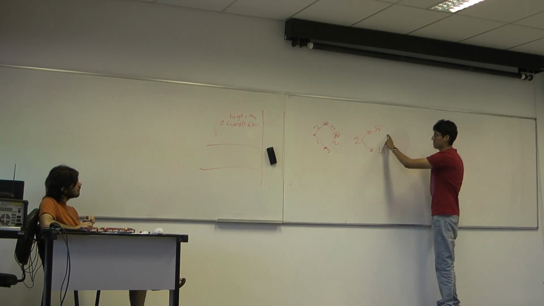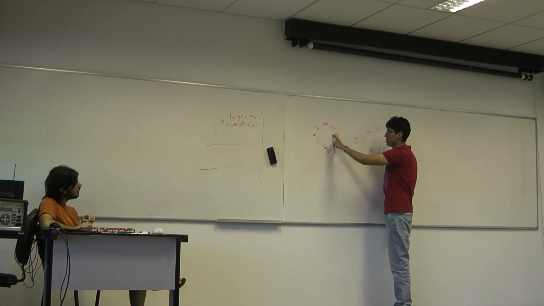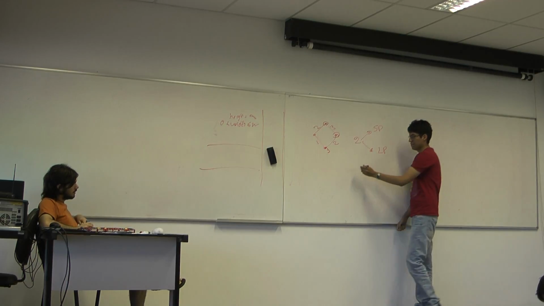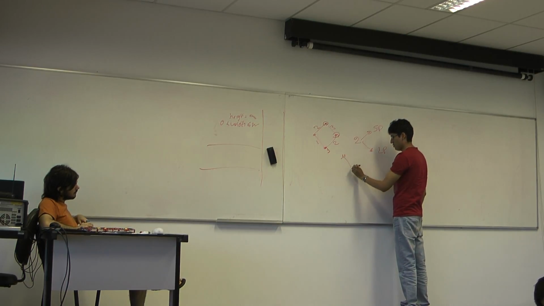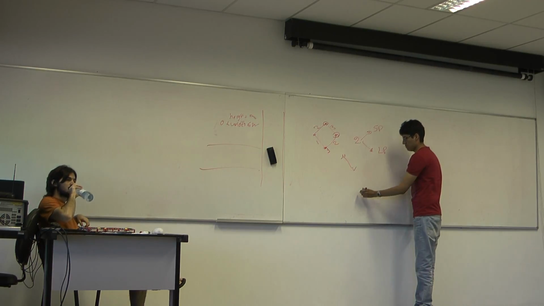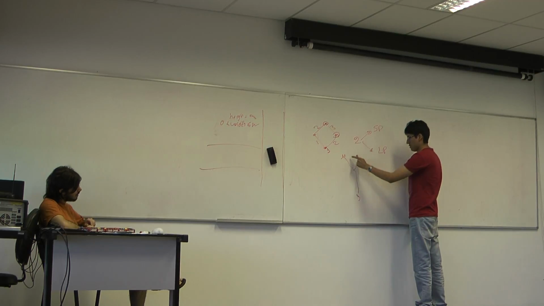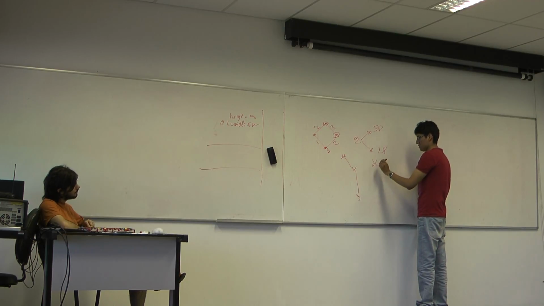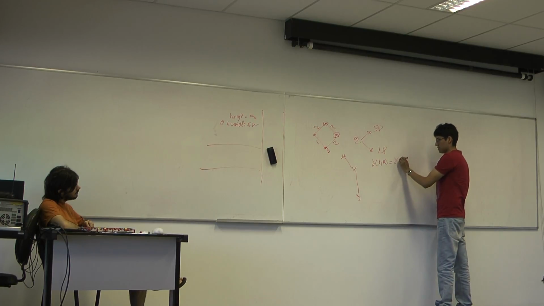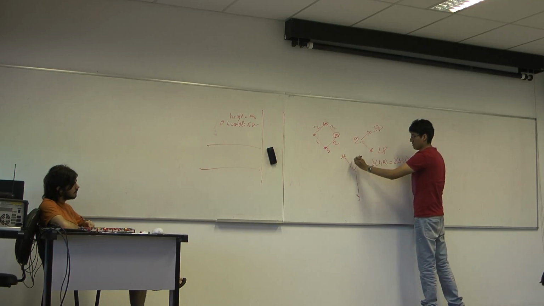Okay, so this is a somewhat standard problem to check if an edge is part of a shortest path to a given vertex. So we have this edge from U to B, and we want to know if this is part of a shortest path from U to 1. And this holds if the shortest distance from 1 to U is equal to the shortest distance from 1 to B plus the weight of this edge.